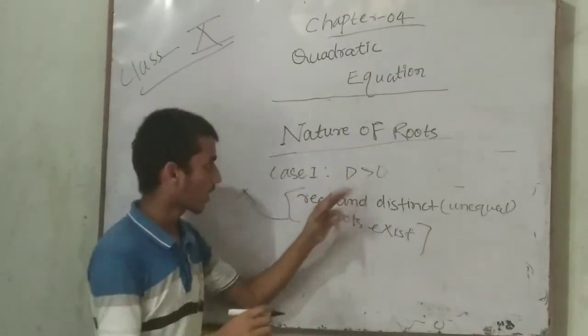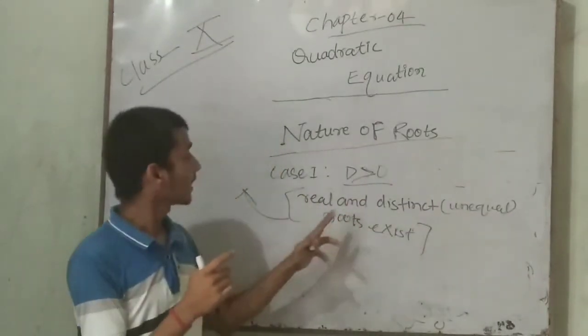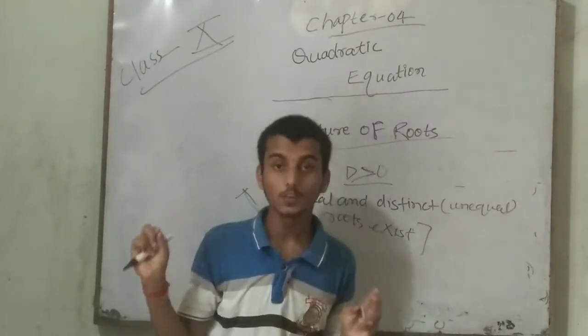Means if the discriminant is greater than 0, then real and distinct unequal roots exist for the given equation.